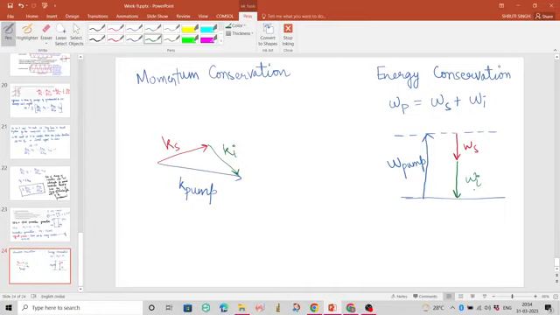It's a vector sum rule: the momentum of the pump should match the vector addition using the triangle rule. Ks plus Ki should be equal to the pump momentum. Because of this momentum conservation, we will have a lesser number of possible combinations.